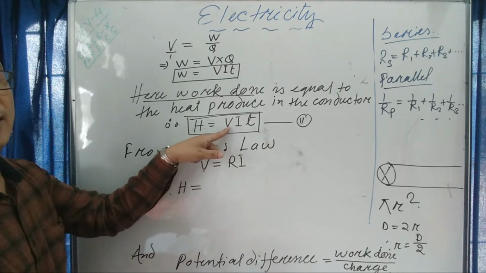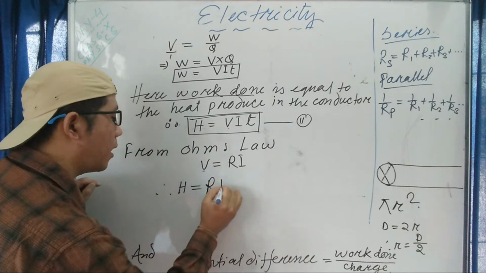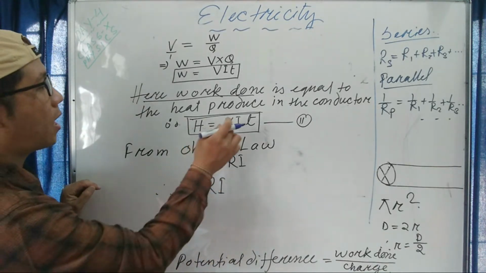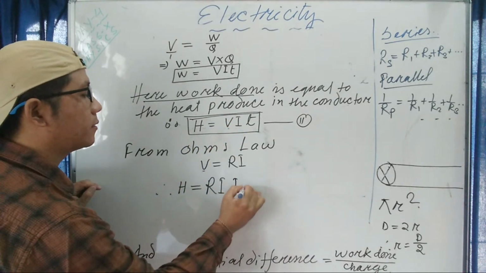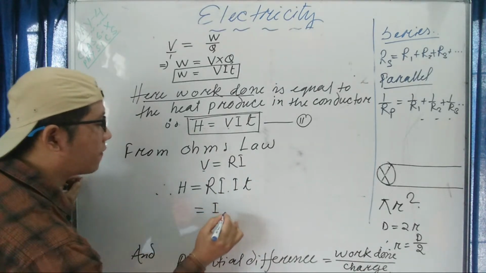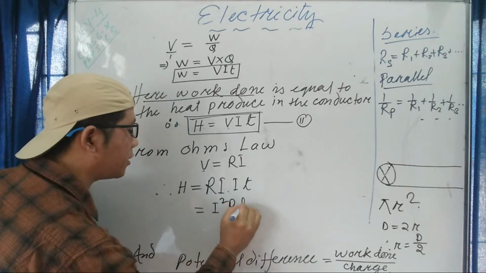Here in equation 2 we have VIT. Instead of V, we will write R into I only. Don't get confused. IR into IT. Then what will come here? You can write I first, no problem: I square RT.